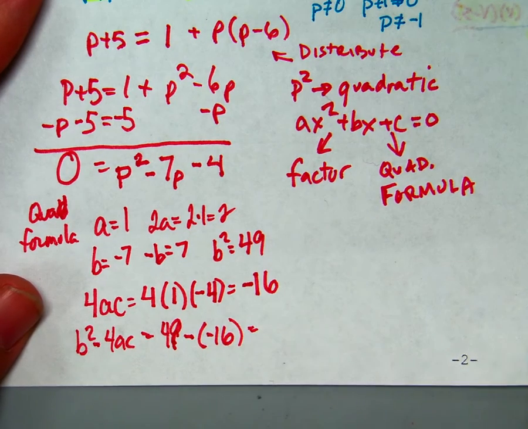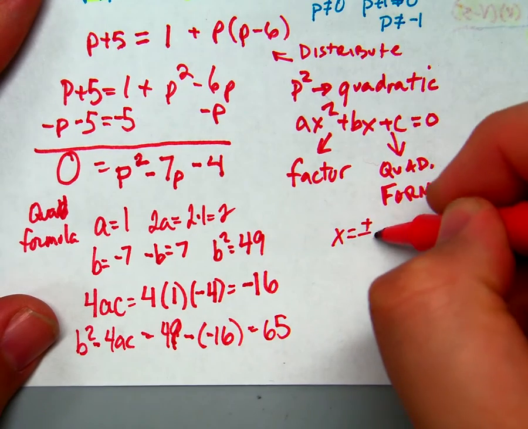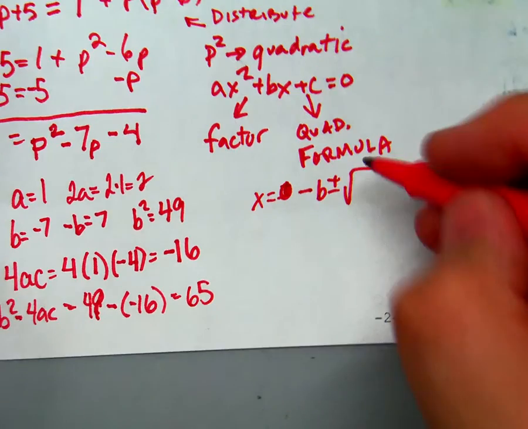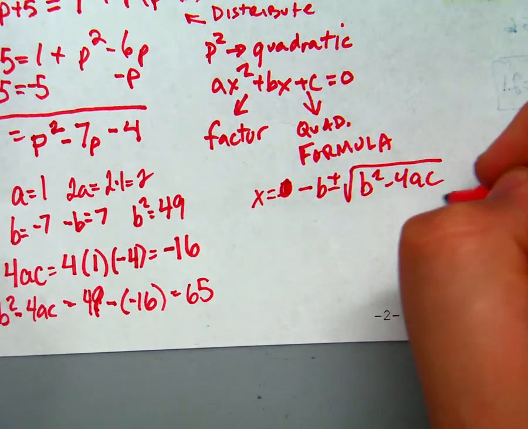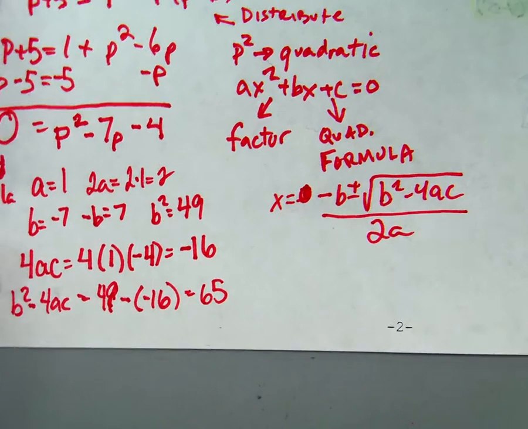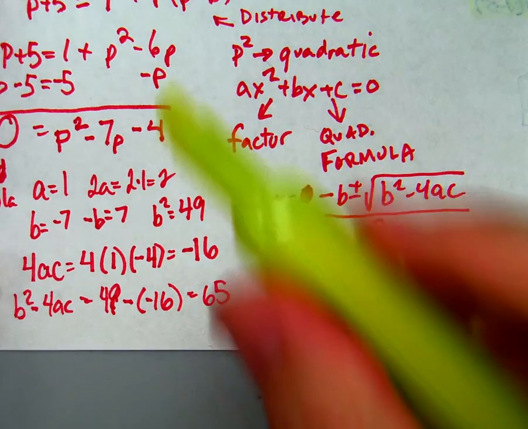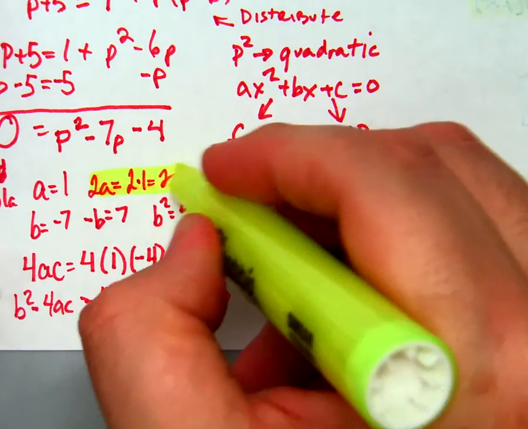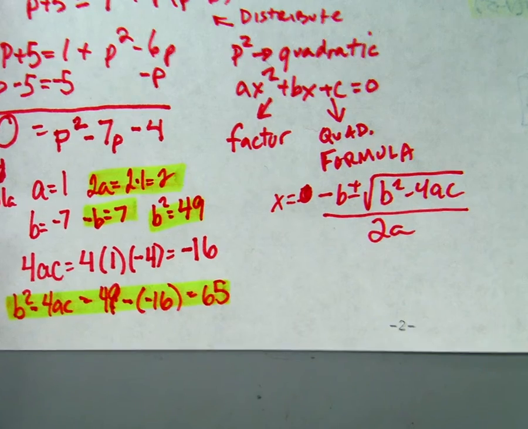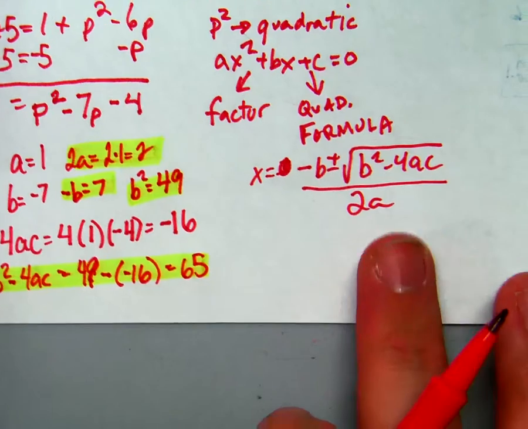So it's 65. Now I know x is equal to negative b plus or minus the square root of b squared minus 4ac all over 2a. The reason I figure out these different values first is because those three things just get plugged right into the formula, instead of it being messy.